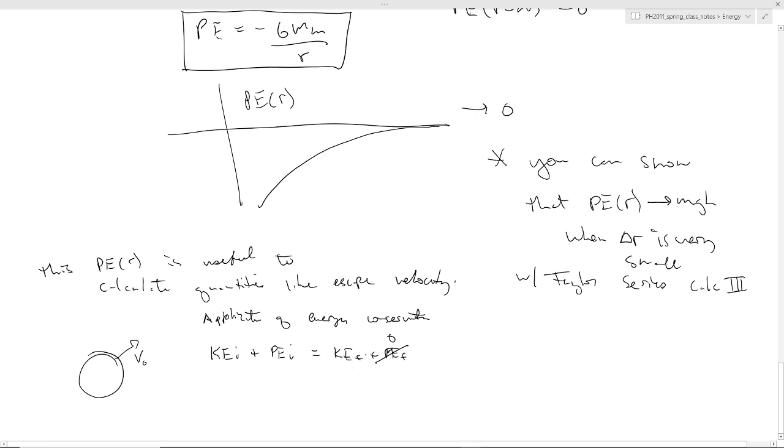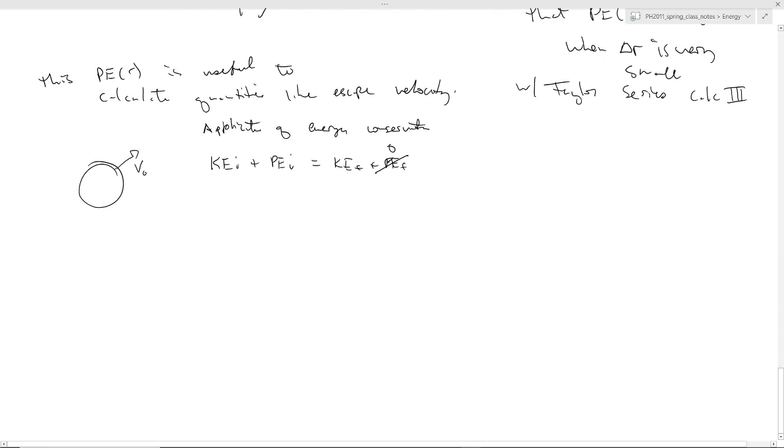So in other words, you start with some velocity and then you go very far away. You're going to slow down, and once you get very far away, when r is big, the v is going to go to 0 as well. So this would also be 0.